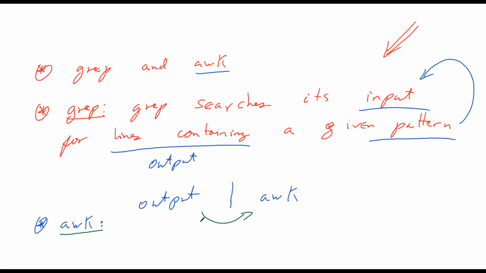The generalization of this is output from a command to grep, which will then pipe to awk. Remember that we still haven't defined awk, but awk also serves a specific purpose.